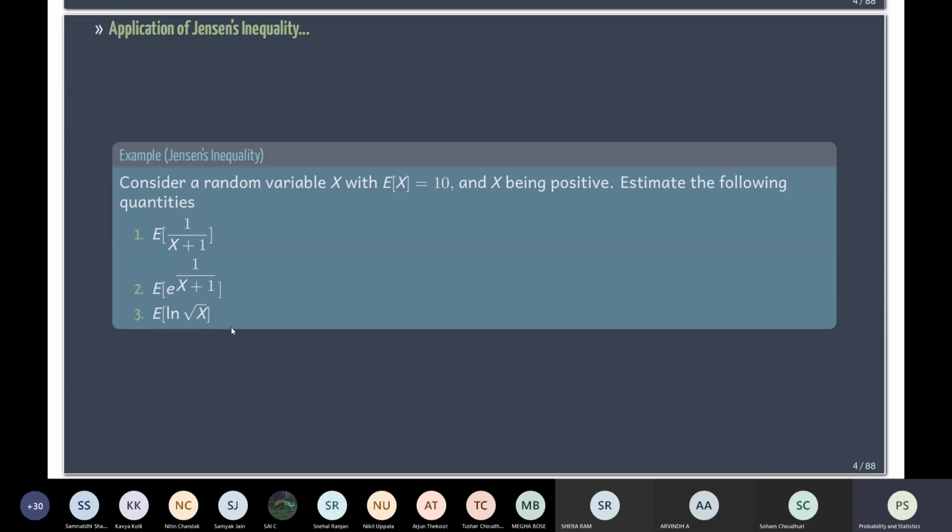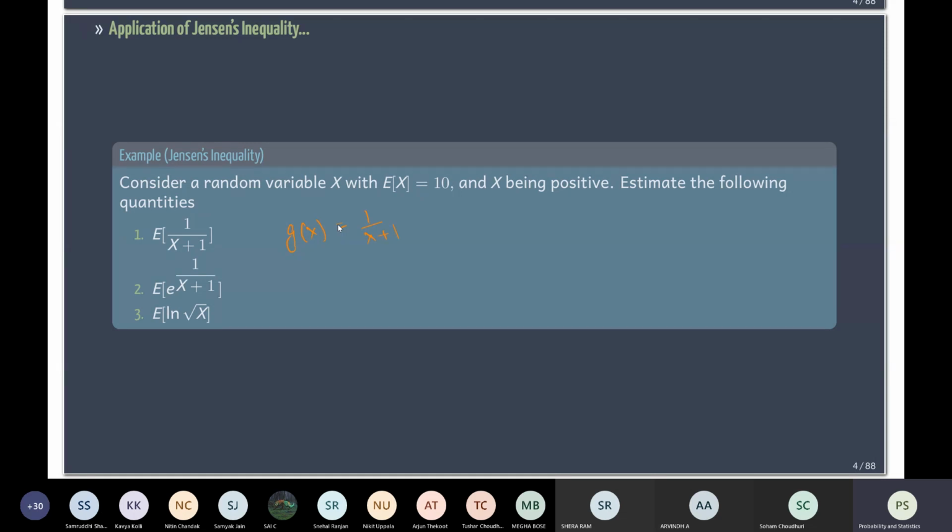The first thing to identify is what our g(x) is. So g(x) in this case is clear. It's 1 by x plus 1. Then we have to check a few other things. For example, is it convex? Because to be able to apply Jensen's inequality, we need to check whether it's a convex function.